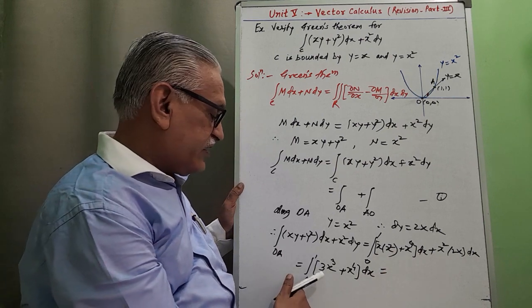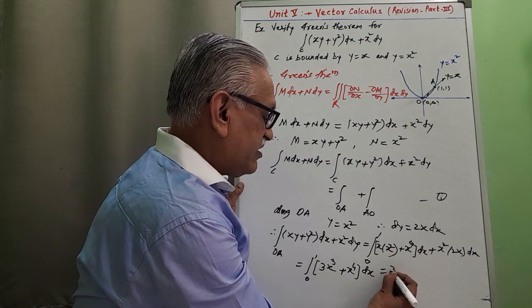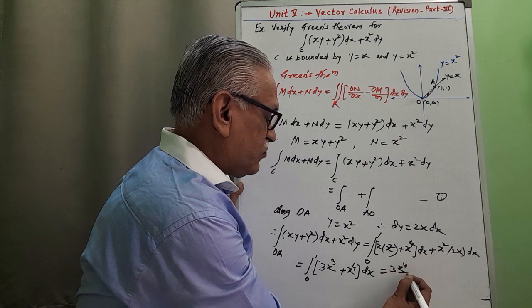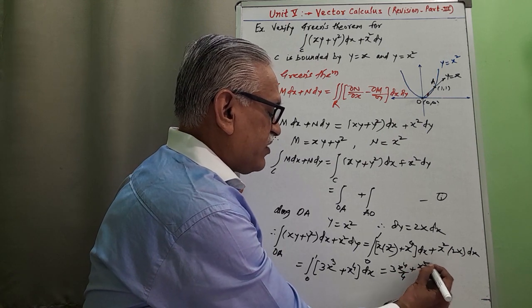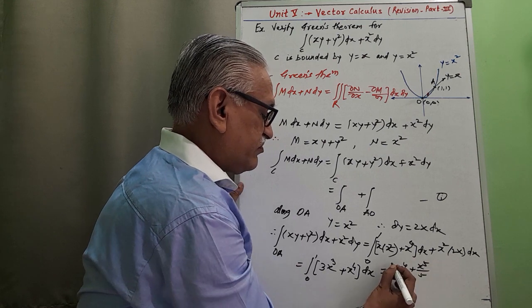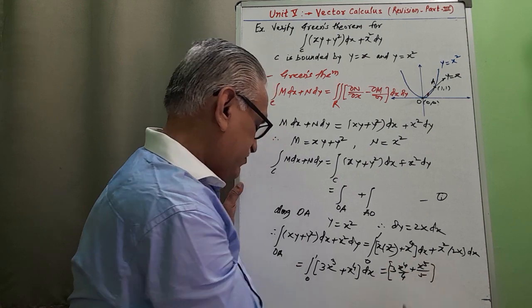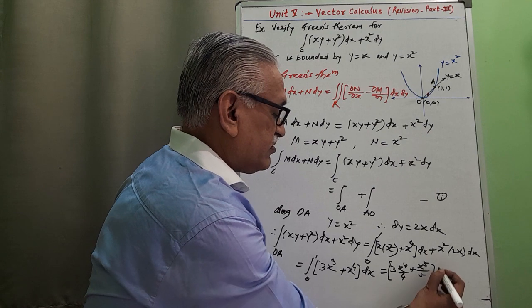Performing integration, we get 3x⁴/4 + x⁵/5, with limits from 0 to 1.